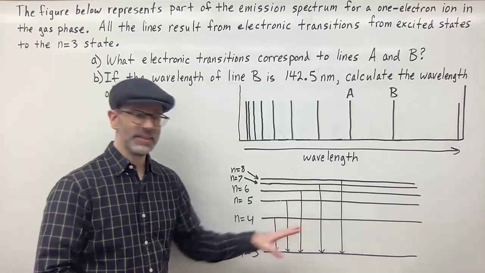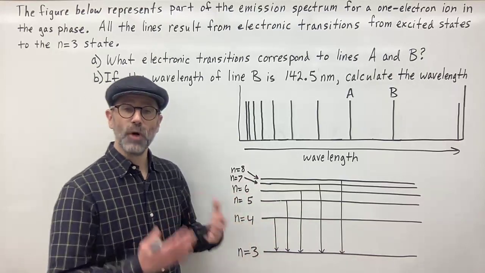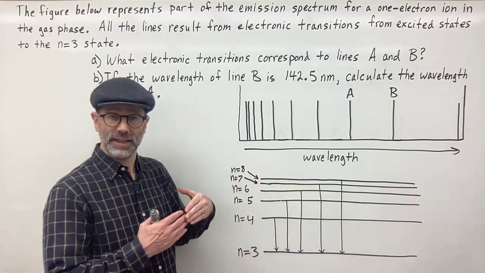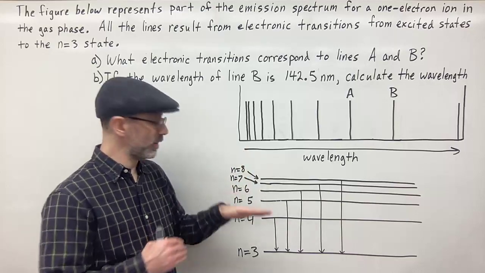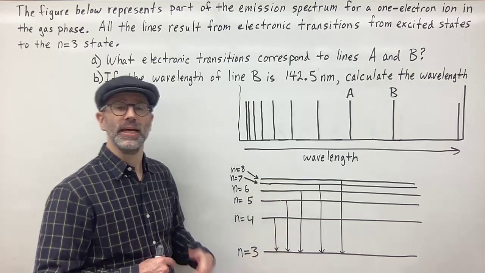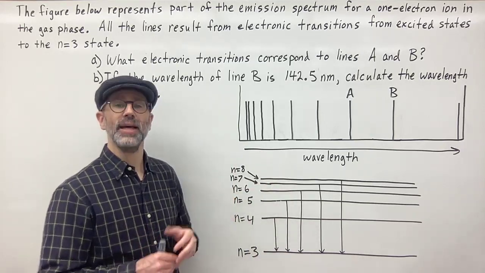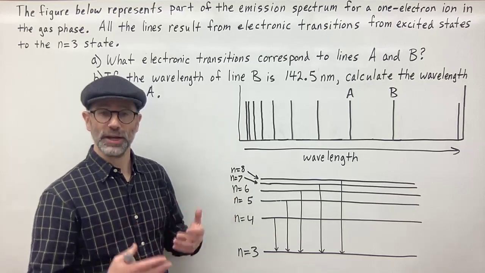That's the relationship between the gaps and the energy that the photon is going to have. The photon that's released when the electron jumps from a higher energy to a lower energy carries the energy in the form of light, and that photon is going to have a certain wavelength.